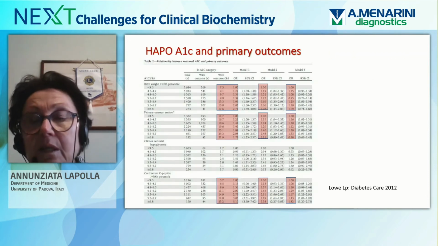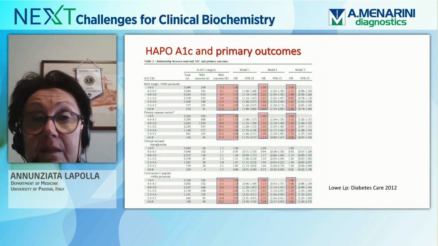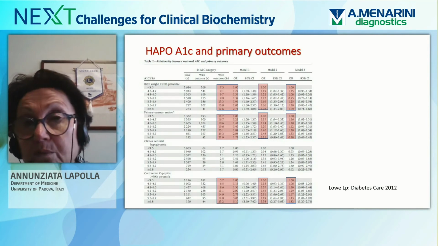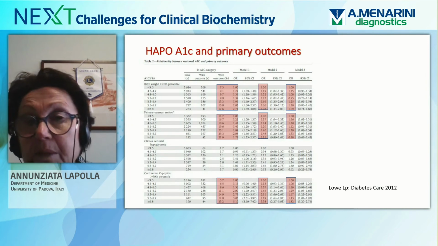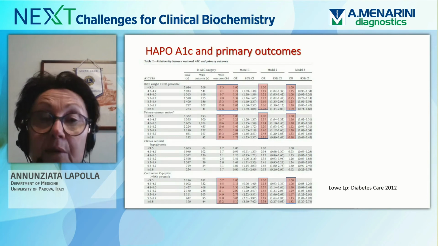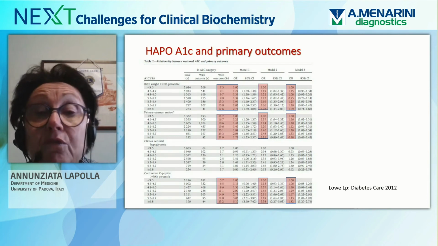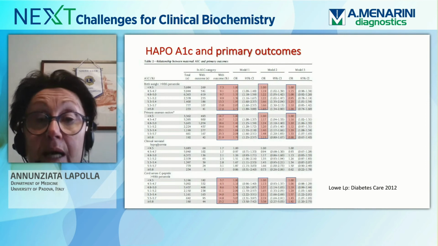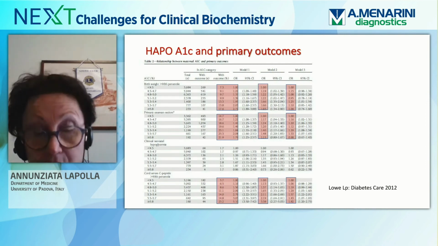But if we look at the results of the HAPO study, which studied a lot of normal, non-diabetic women, and if we look at the clinical outcomes in these women in terms of large for gestational age infants, cesarean section, and hypoglycemia in the neonate, and at the corresponding levels of HbA1c, no correlations exist.